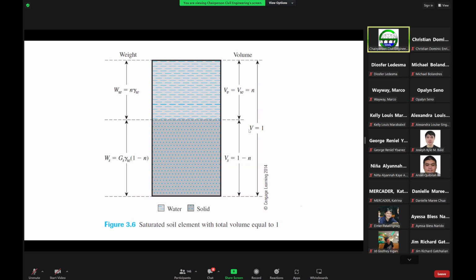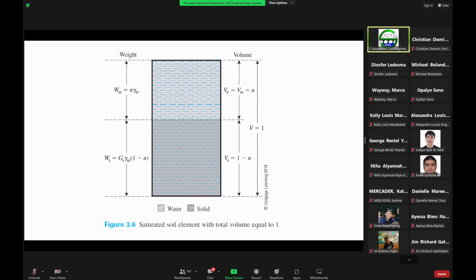So again, if we presume that the total volume is equal to 1, the volume of water is still equal to the porosity because the total volume is 1 as per the definition of porosity. But since this is now fully saturated, the porosity is also equal to the volume of voids, because there's no more air, which is just equal to the volume of water.